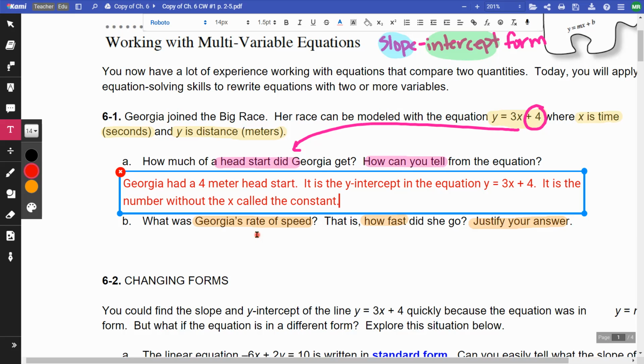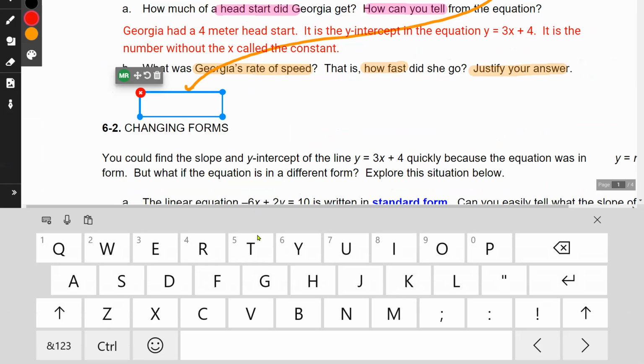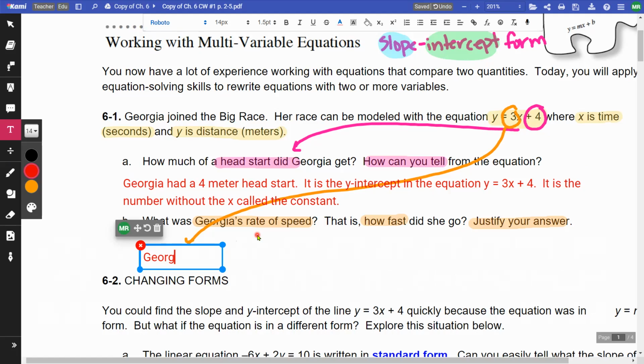Now, for her rate of speed, the rate of speed is going to be her slope, which is that 3. So Georgia's speed is 3 meters per second.